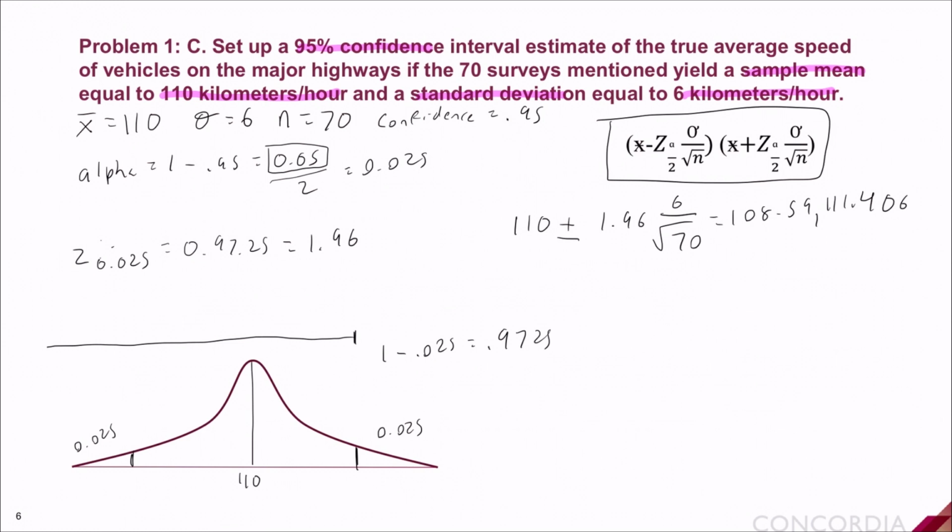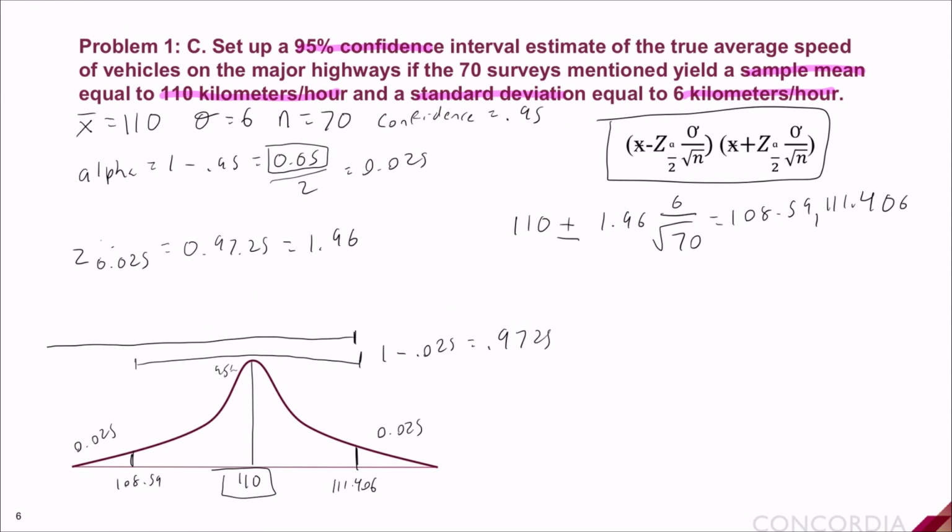And what this means is that these values happen to be right at the edges of our distribution, and it could be interpreted as saying that there is a 95% confidence level that the mean for the entire population will be between those two values based on our estimate of our sample mean of 110.